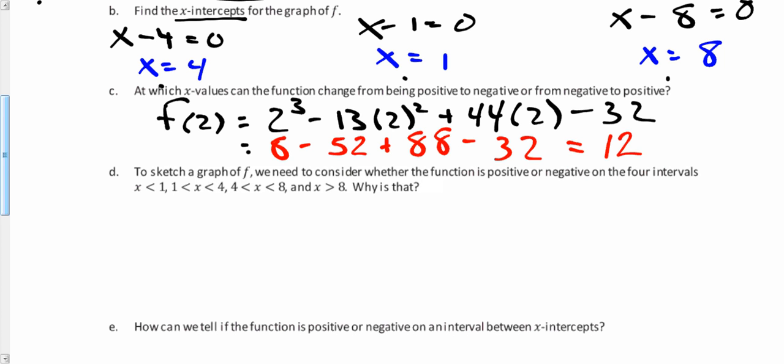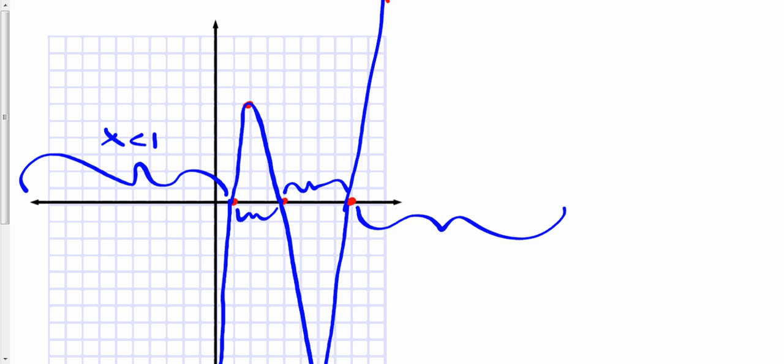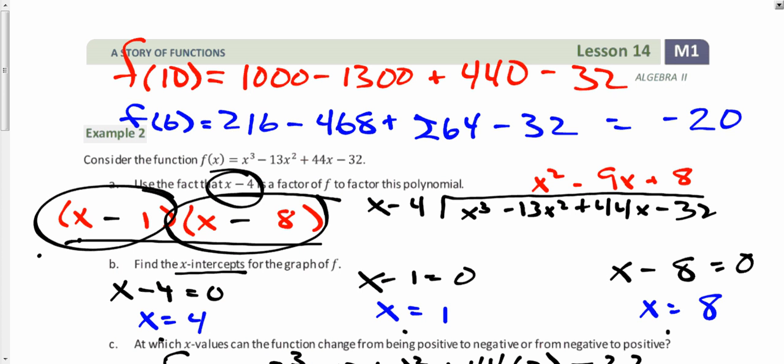The 4 intervals are these: x less than 1, x between 1 and 4, x between 4 and 8, and the last interval is x greater than 8. Those 4 intervals we need to consider to see what the graph is doing in those sections.